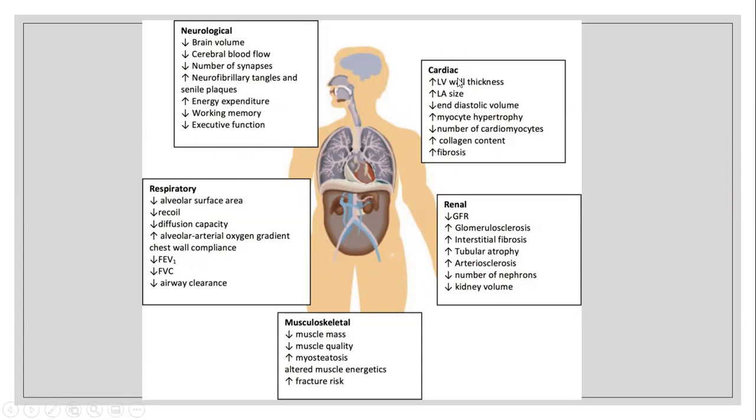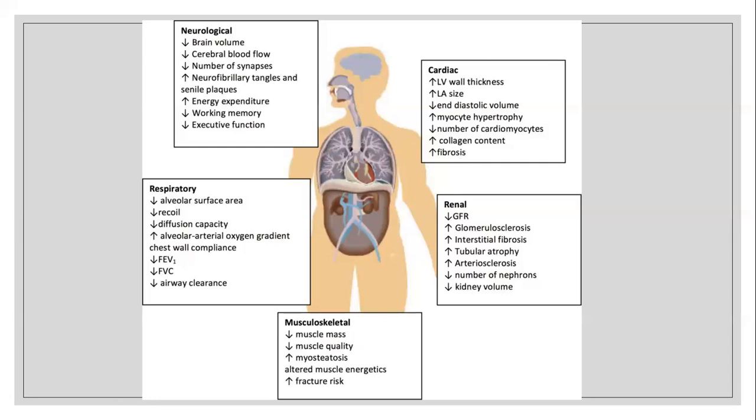In the cardiac system, we can see the left ventricle wall thickness increase, left atrial size increased, but end diastolic volume decreased. Myocyte hypertrophy occurs. Also, the number of cardiomyocytes should be decreased.